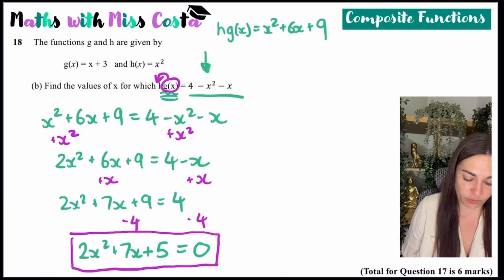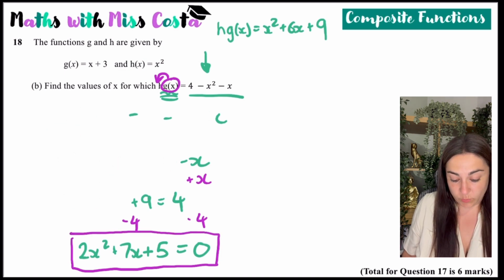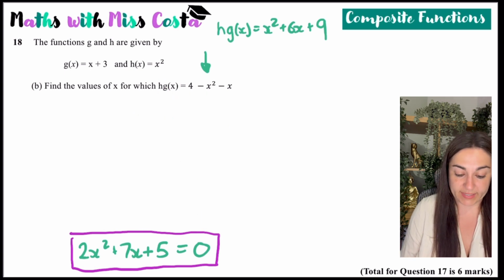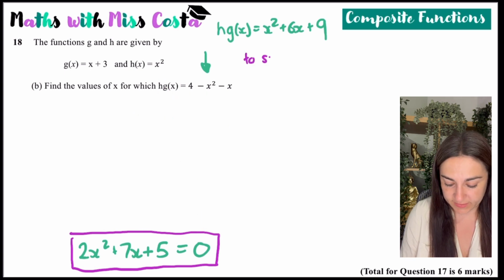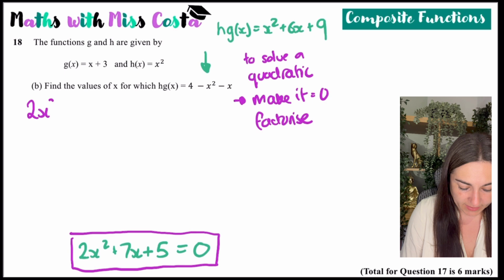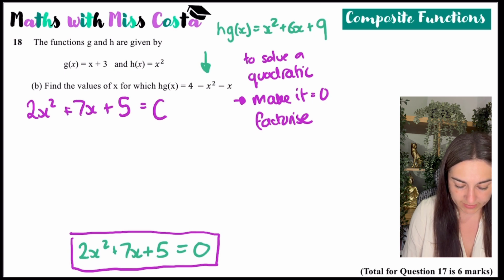And whenever you've got a quadratic that is equal to 0, to solve a quadratic, what you do is you factorize. So to solve a quadratic, you make it equal to 0 and then you factorize it. So I've got 2x squared plus 7x plus 5 equals 0.